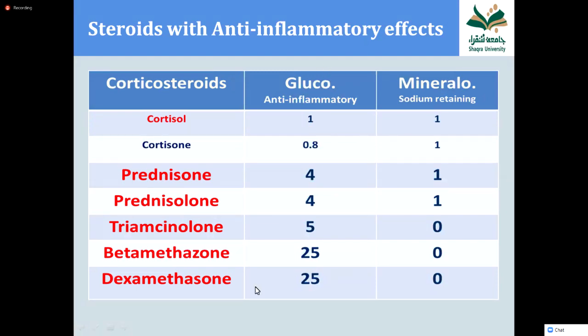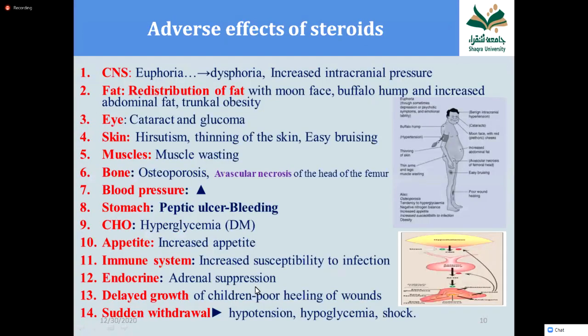So these are better than cortisol itself. As we have discussed various effects of steroids, they may lead to adverse effects. If you are giving to someone, the effect on the CNS, we have already seen, may lead to euphoria, dysphoria, increase in intracranial pressure.